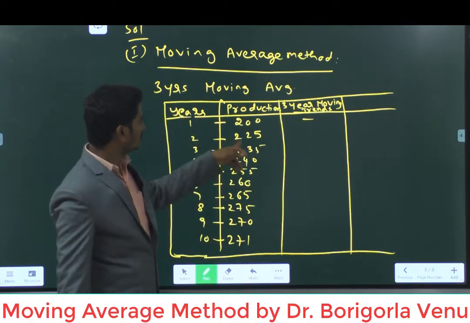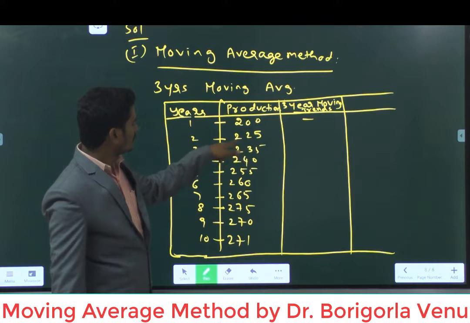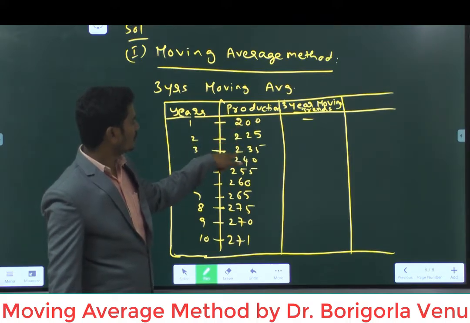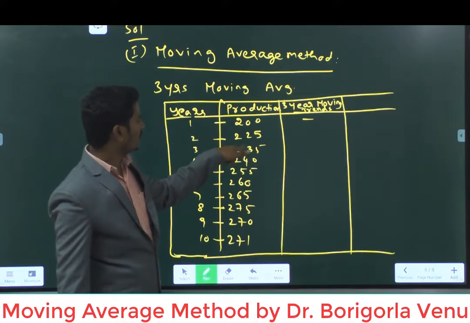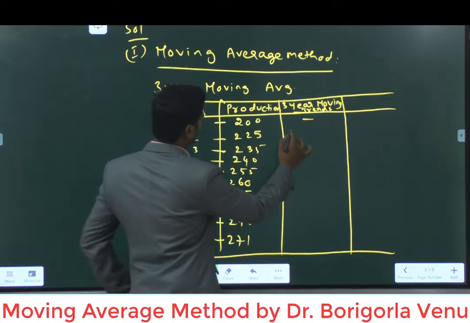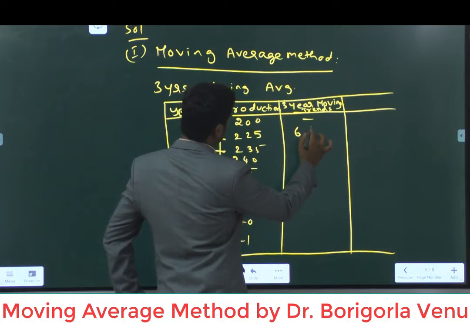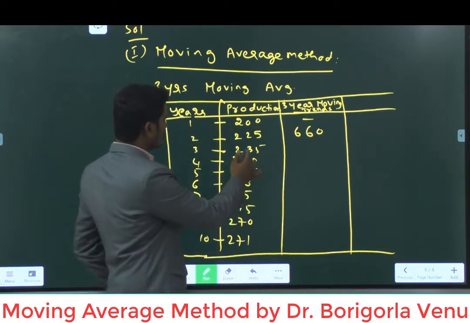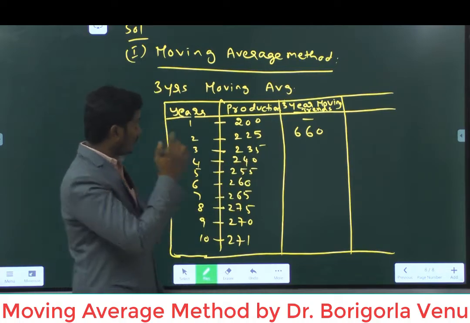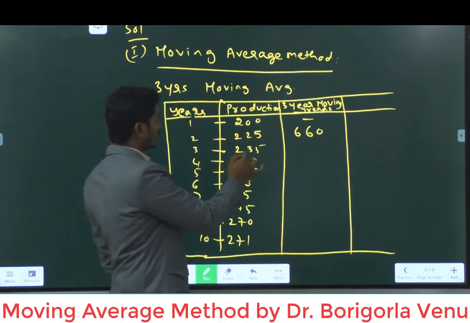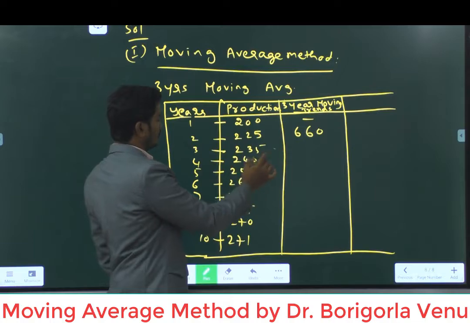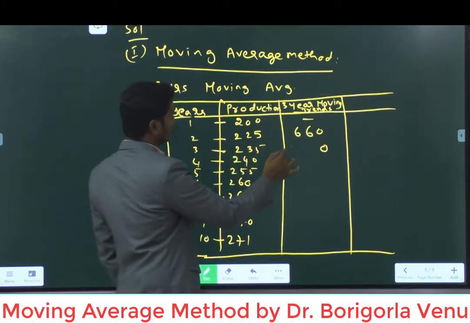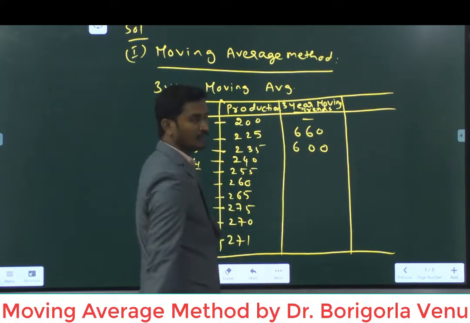Next, coming to the second year, we take the 3 years sum. The second year means we have the first year 200, second year 225, third year 235. So here we get 660, the trend is 660. Now coming to the third year, we consider the second year 225, third year 235, fourth year 240, that is 700.